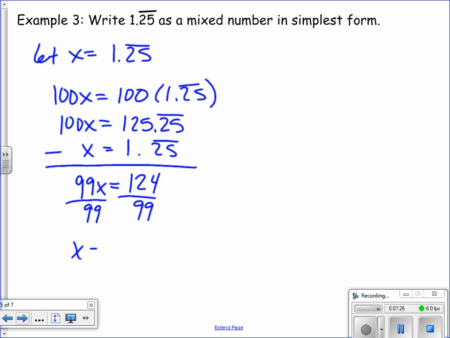So x equals 124/99, and when we rewrite that as a mixed number, we can simplify that to 1, and then 124 minus 99 is 25 over 99. So 1.25 repeating 25 is 1 and 25/99.